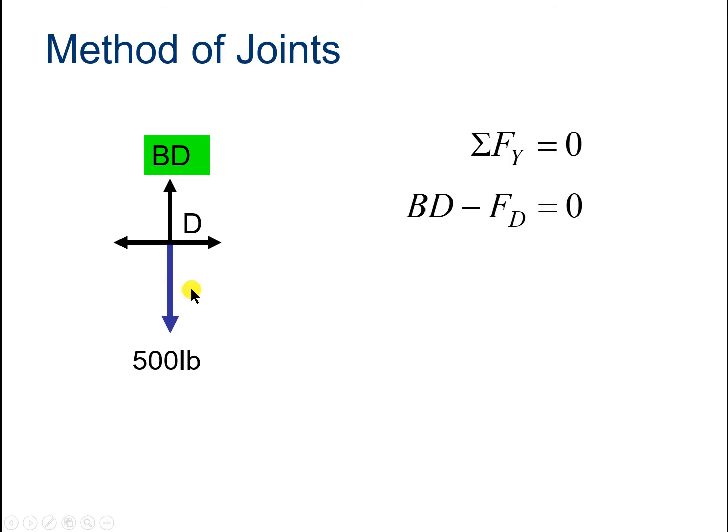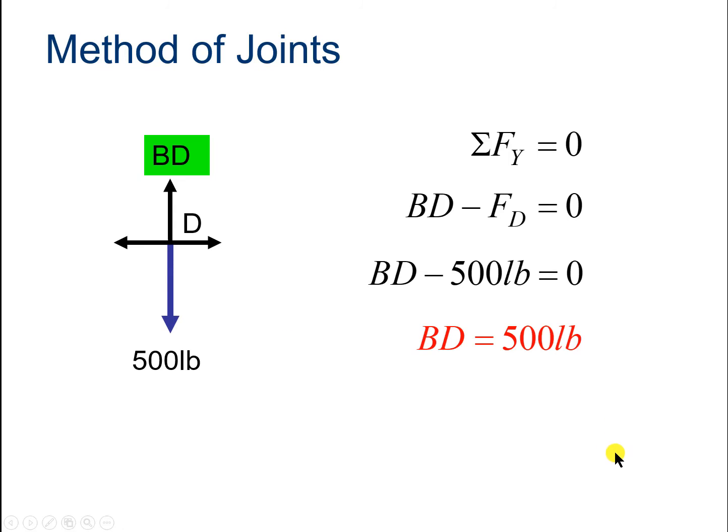The only thing we've got acting on that joint, actually D is not the one up top, I believe it's the one at the bottom, just where it holds the load of 500 pounds. This one's the easiest one, no trig. And so it's positive, so it's in tension as well. So this vertical one in the middle is in tension.